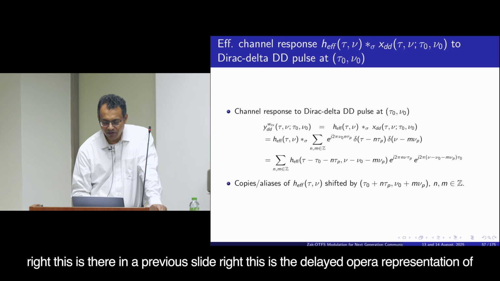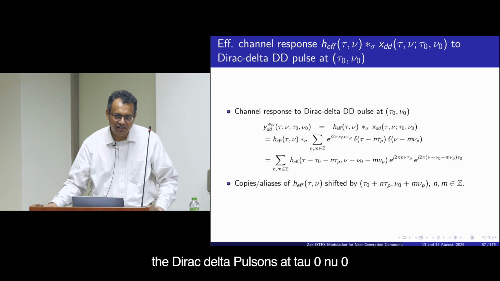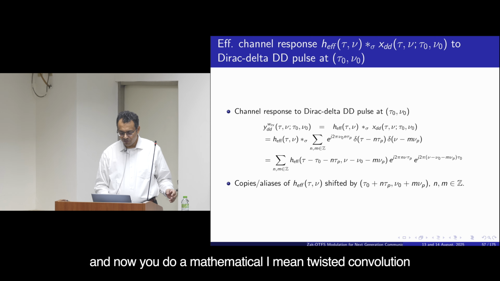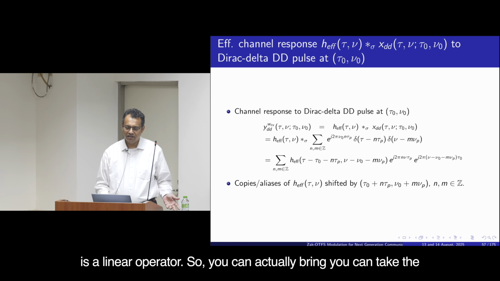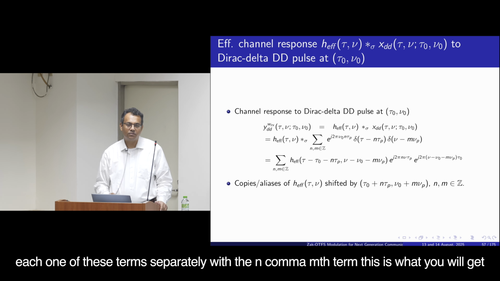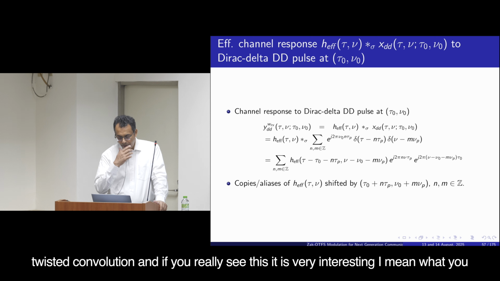This is the delay Doppler representation of the Dirac delta pulson at tau 0 nu 0. And now you do a mathematical, I mean, two-state convolution is a linear operator, so you can take the summation outside. And so you can do a two-state convolution of H effective with each one of these terms separately, with the n comma mth term, this is what you will get, two-state convolution.